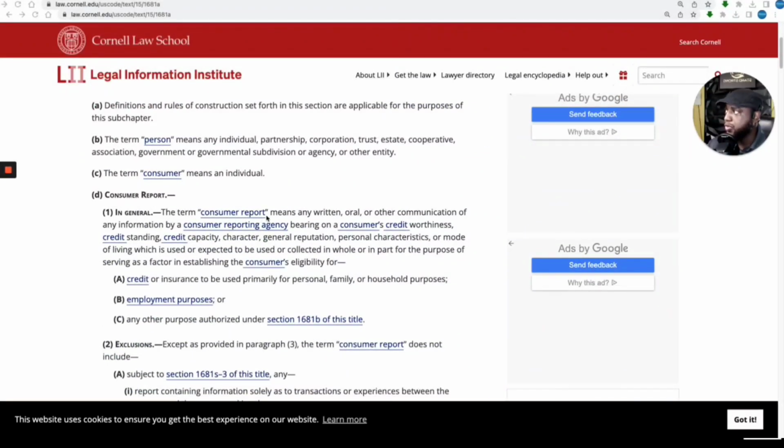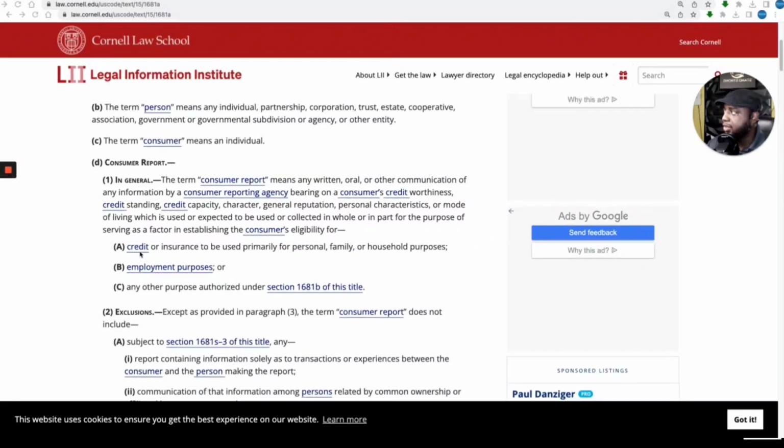In general, the term consumer credit report means any written, oral, or other communication of any information by a consumer reporting agency bearing on a consumer's credit worthiness, credit standing, credit capacity, character, general reputation, personal characteristics, or mode of living which is used or expected to be used or collected in whole or in part for the purpose of serving as a factor in establishing the consumer's eligibility for (A) credit or insurance to be used primarily for personal, family, or household purposes, (B) employment purposes, or (C) any other purpose authorized under section 1681b of this title.